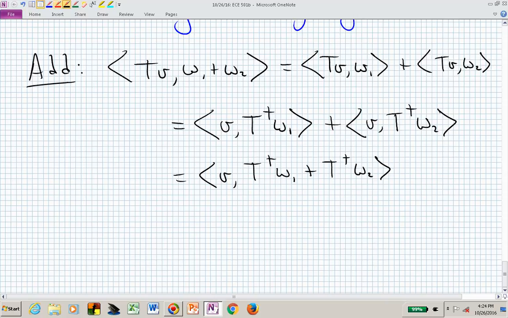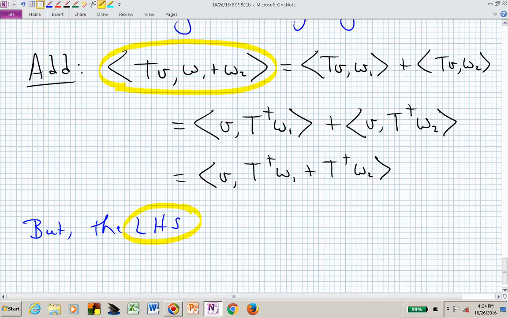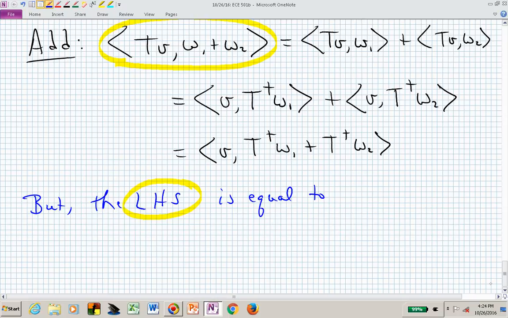But if we look at this piece and apply the definition of the adjoint to that, so now that left-hand side I've highlighted in yellow, the left-hand side is equal to what expression if I applied the adjoint to that?